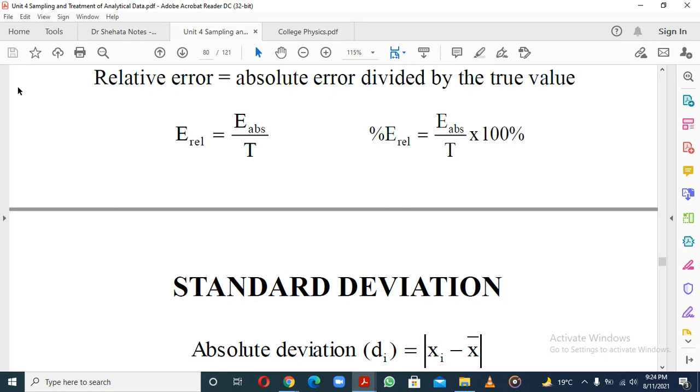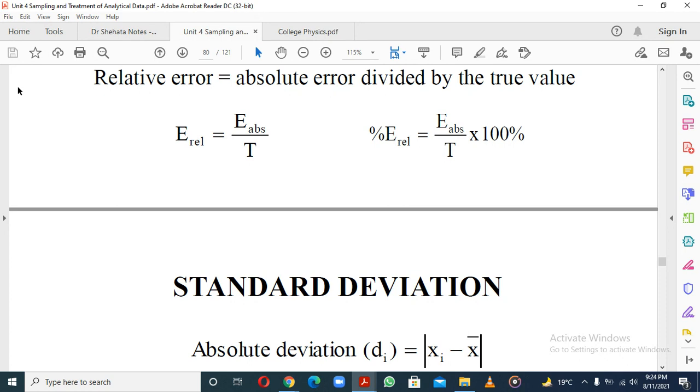And we know that division is by definition a ratio. So relative error is you get the absolute error divided by the true value. Let's have an example.